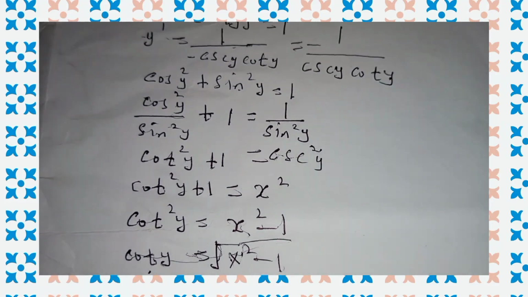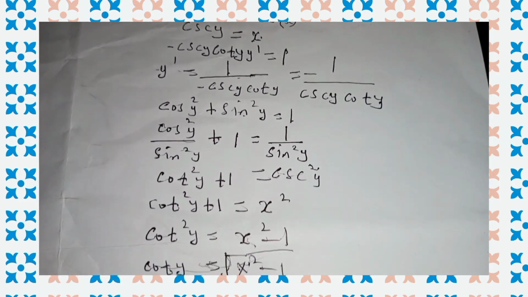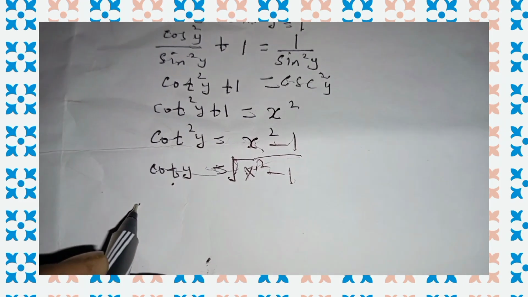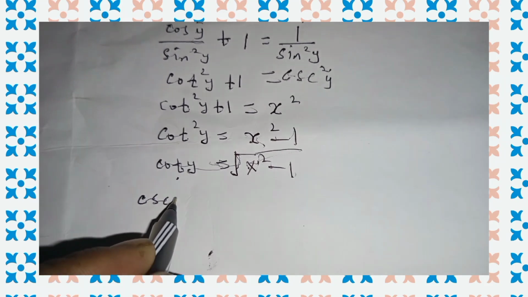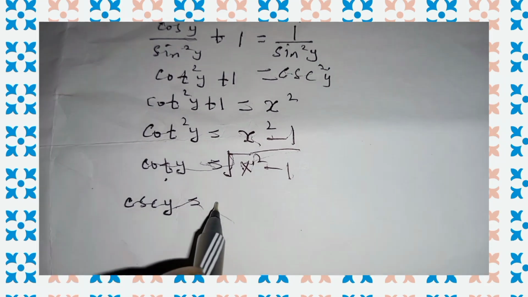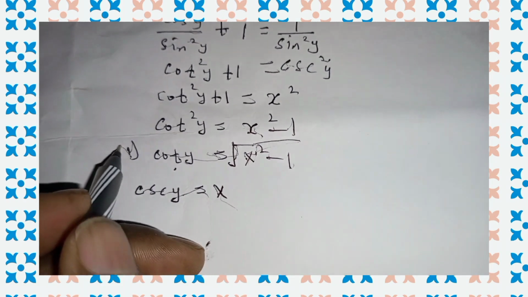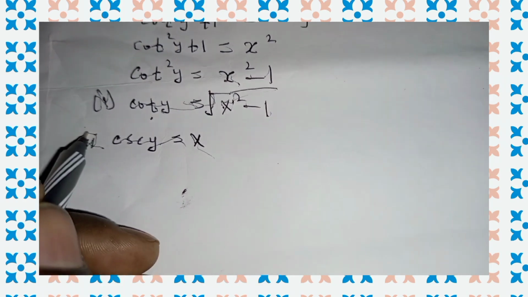And then we make this substitution up here. I can rewrite my equation here, whereby we have cosec of y is equal to x. So I can call this equation Roman 1, and this other one equation Roman 2.